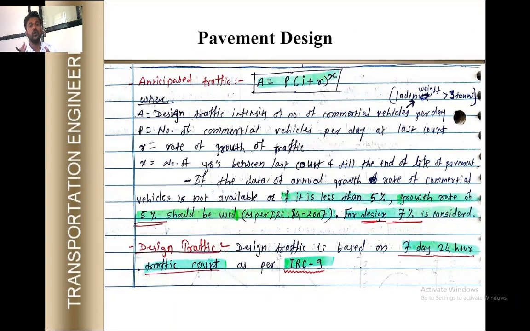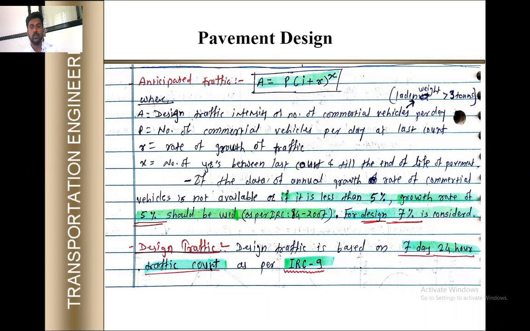Okay. So if the data of the annual growth rate of commercial vehicles is not available, or if it is less than 5%, then it is generally taken as 5%.